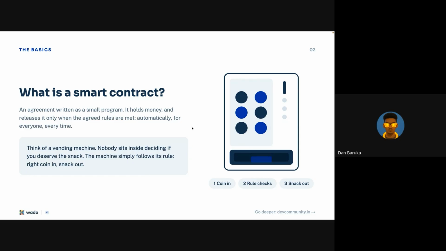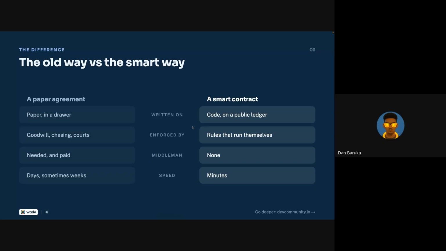So coming to the next slide here, I was talking about differences. I know many people have signed a contract, maybe 90% of people here have signed an agreement or a paper, any kind of contract.